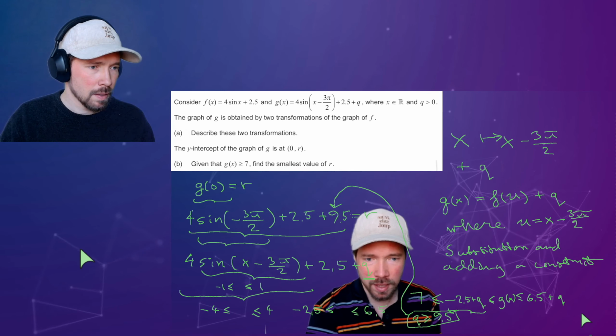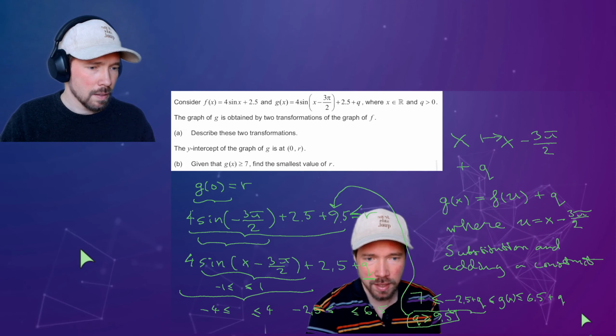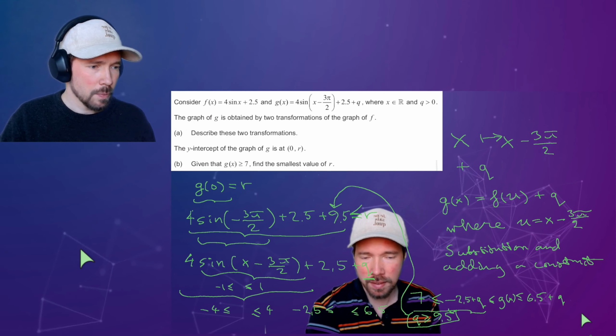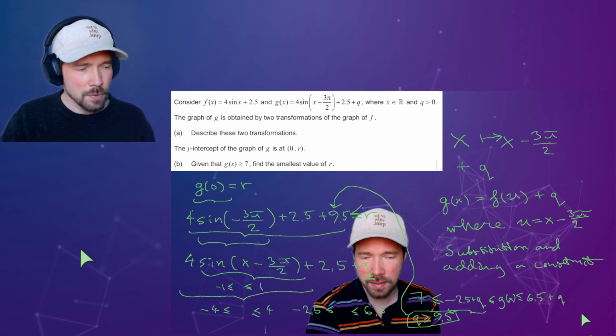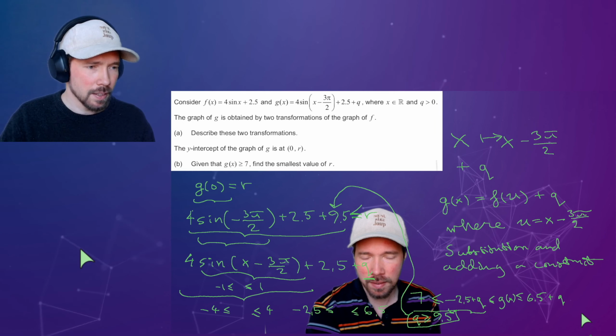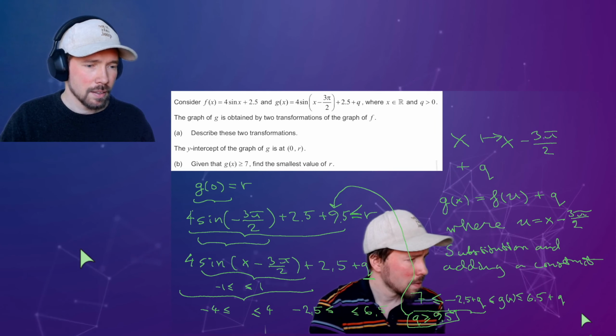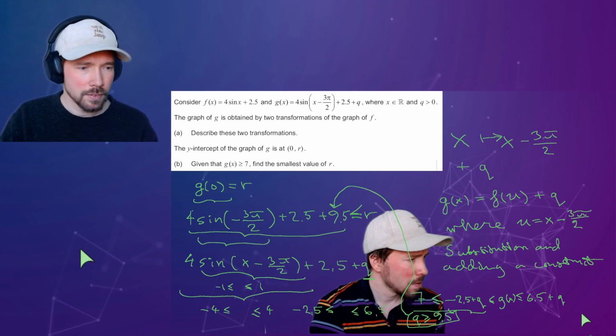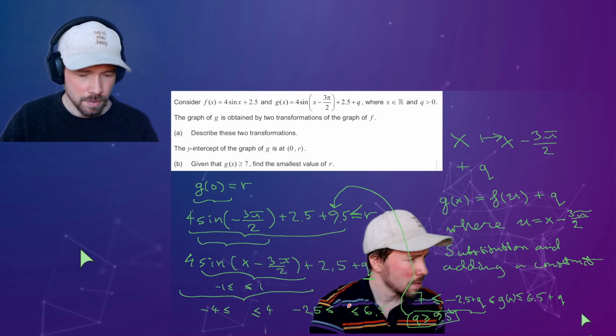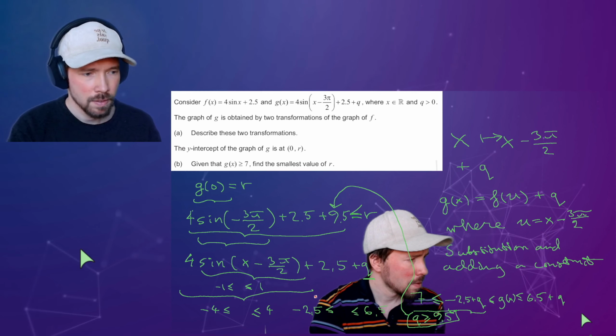Then I get that r must be at least that. Right, so now because it's a -2.5, I have 9.5. I'm supposed to have 8.5 instead. So if I do the corrections, sorry.